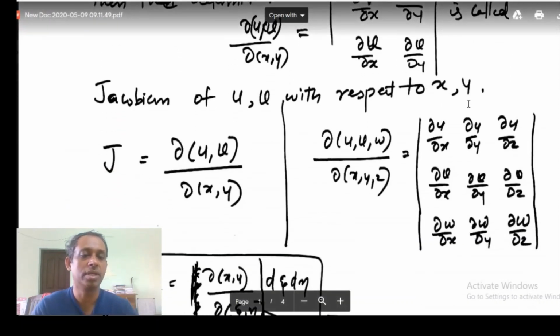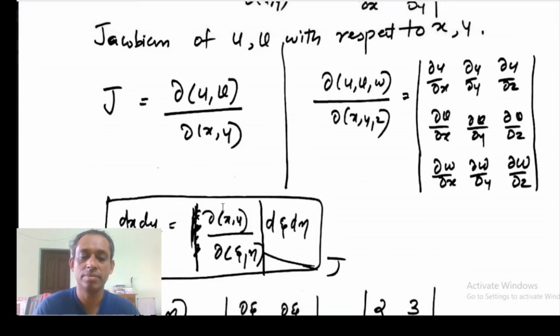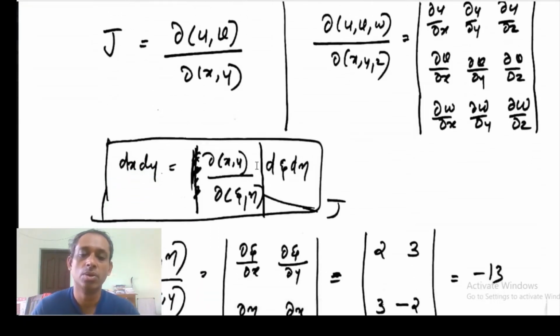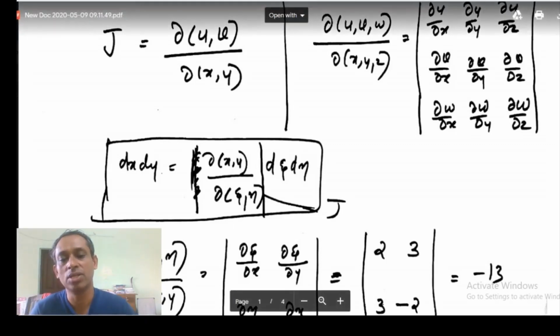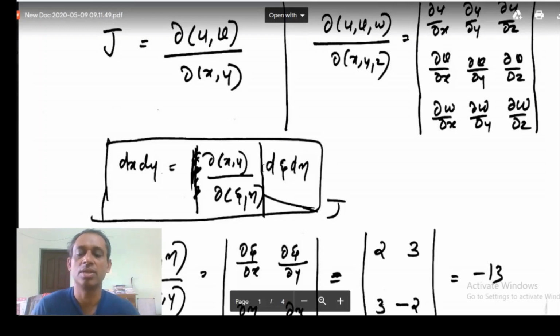This is straightforward: ∂u/∂x, ∂u/∂y, ∂u/∂z and so on. So dx dy, the area element in the new coordinate system, is given by the modulus of the Jacobian ∂(x,y)/∂(θ,η) times dθ dη. This is the definition of the transformation.